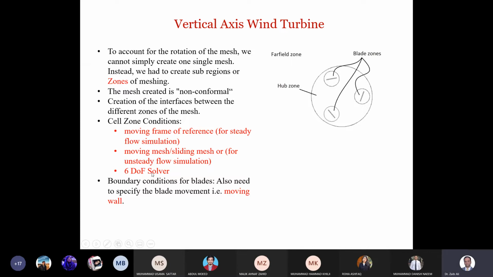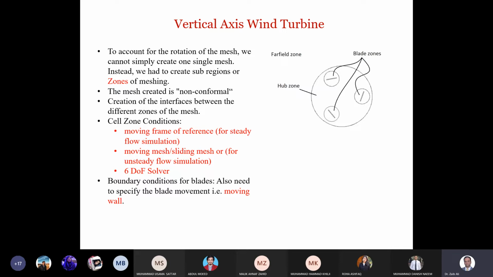So if you want to simulate the effect of vortices or wakes, you should go for unsteady flow simulation. And the most advanced option is what we call the 6 degrees of freedom solver. There you can truly simulate the effect of oncoming or incident wind on this instrument. So in the first two cases you gave a 40 RPM velocity, but here you will only prescribe that, okay, this much wind velocity is coming.